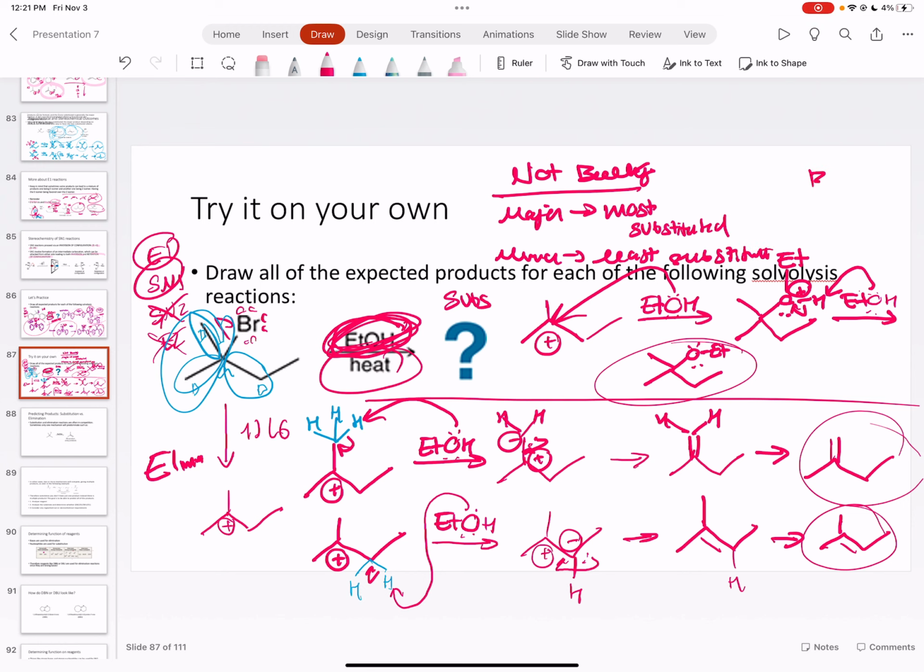So when it's bulky, it's the total opposite. Our major is gonna be the least sub, and then our minor is gonna be the most.